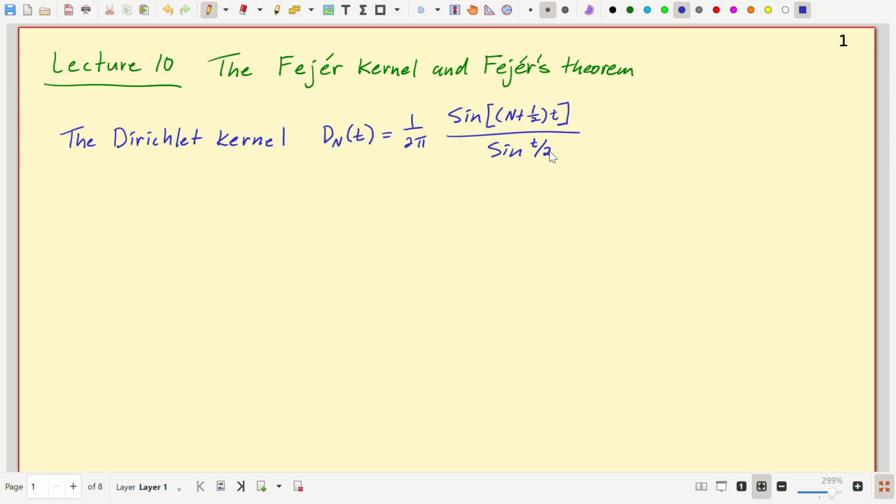We've been dealing with the Dirichlet kernel, which I would call a wonderful kernel, but not a good one in the sense of Stein. I'll explain what I mean by a good kernel as we go along today.